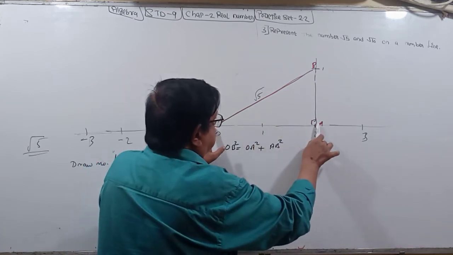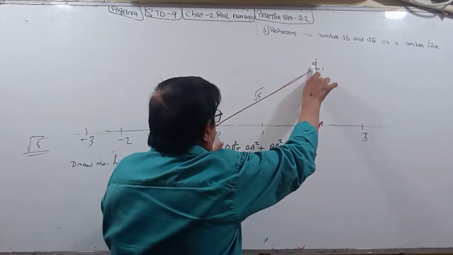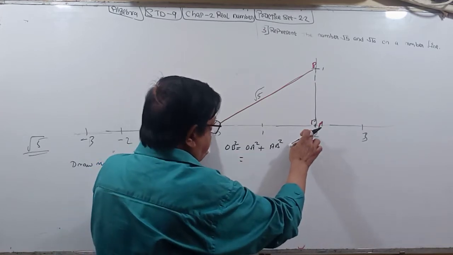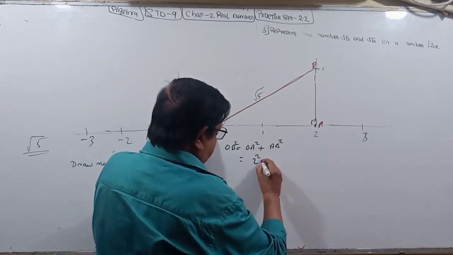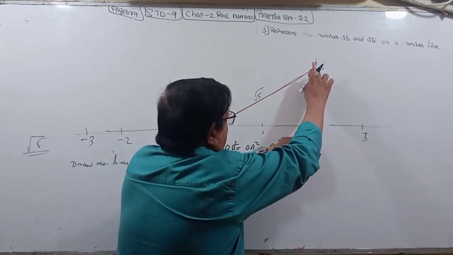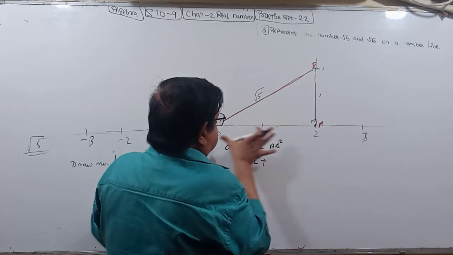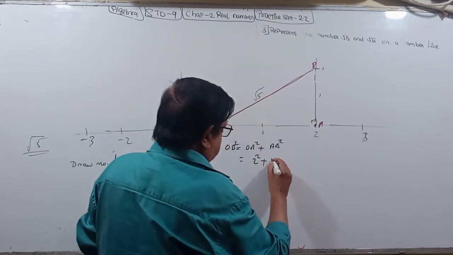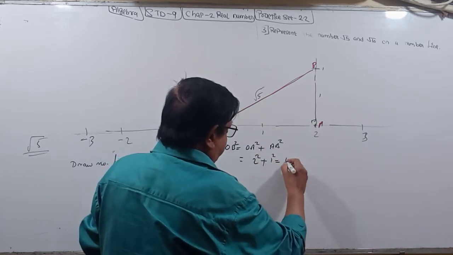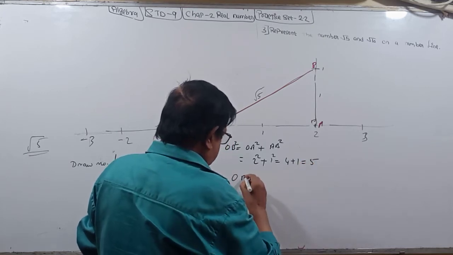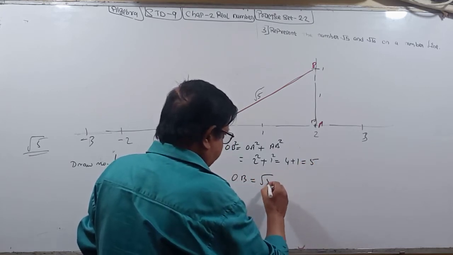OA is how much? 2. 2 square plus AB is 1; we have taken this 1 unit. 2 square plus 1 square equals 4 plus 1 equals 5. Therefore, OB is equal to root 5.